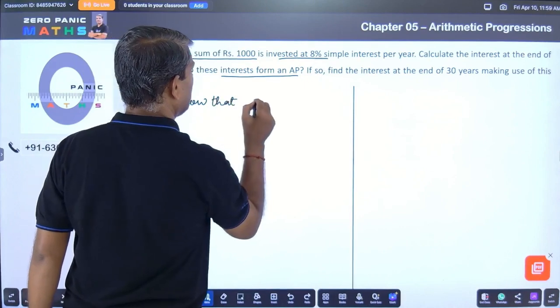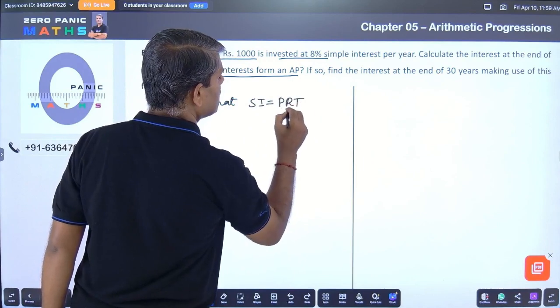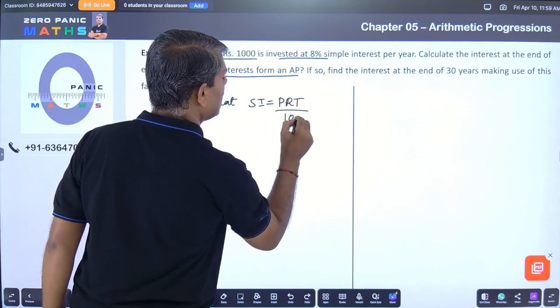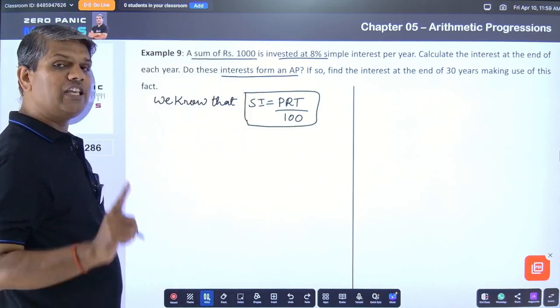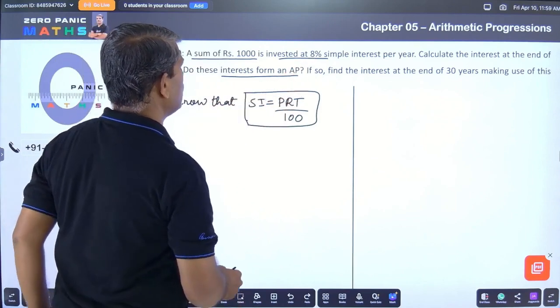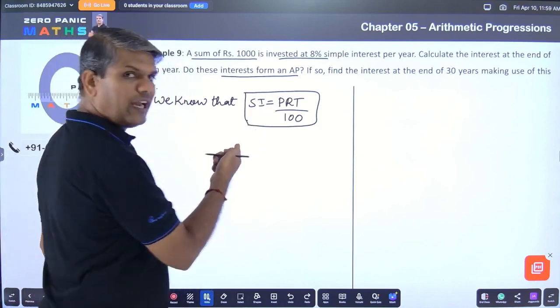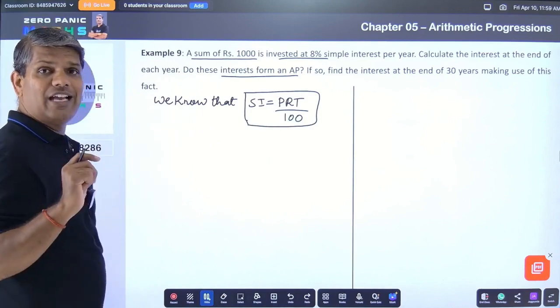What we know is simple interest is equal to P into R into T by 100. P is the principal here, R is the rate of interest for 100 rupees, and T is the time in years. You know this formula, right? You have already studied simple interest in class 8.